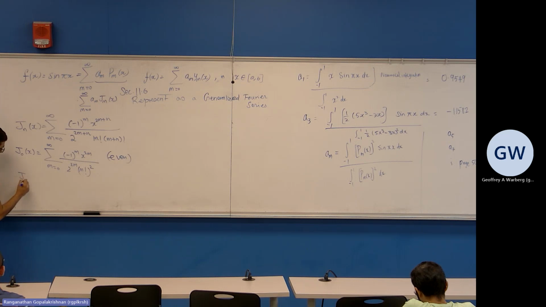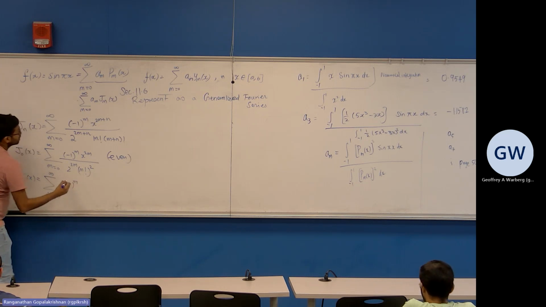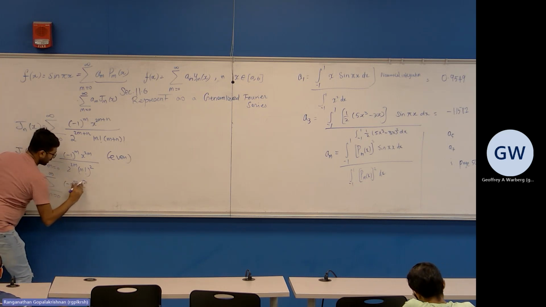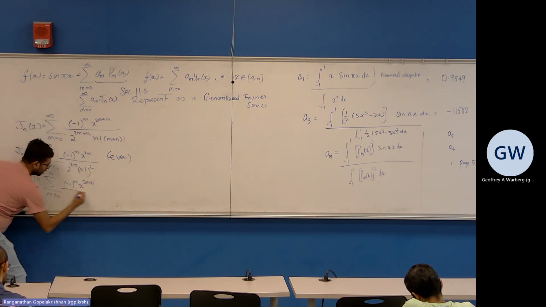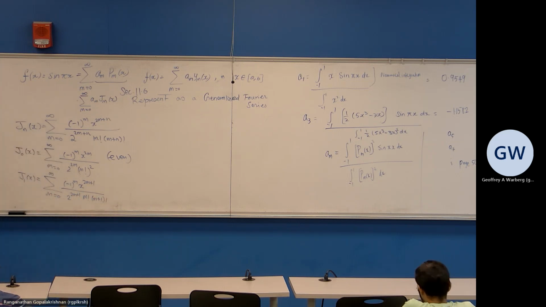And J1 of x will be an odd function. So the sum from m equals 0 to infinity of (-1)^m x^(2m+1) divided by 2^(2m+1) m factorial (m+1) factorial.